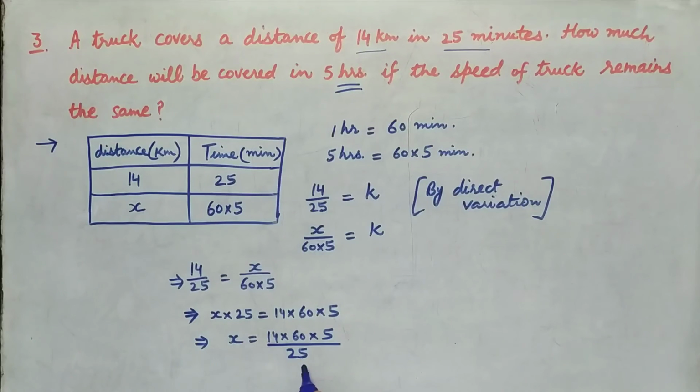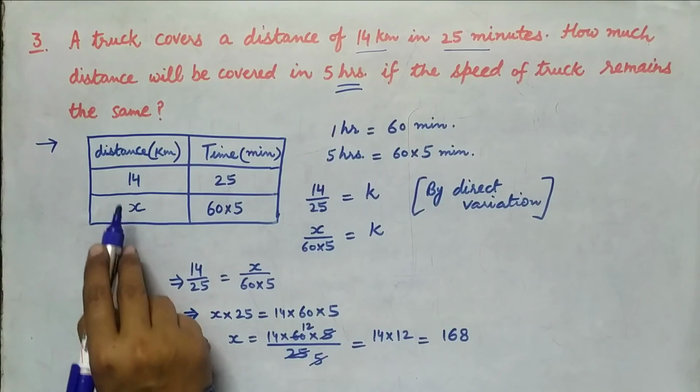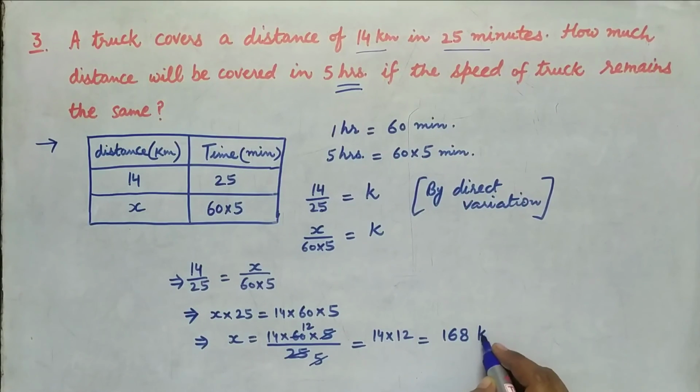This 25 goes in the denominator. Cancelling, 5 5s are 25 and 5 12s are 60. We are left with 14 into 12. Doing the multiplication, 14 2s are 28, 2 carried, 14 1s are 14 and 2 16. 168 is the value of x, and x was the distance in kilometers.